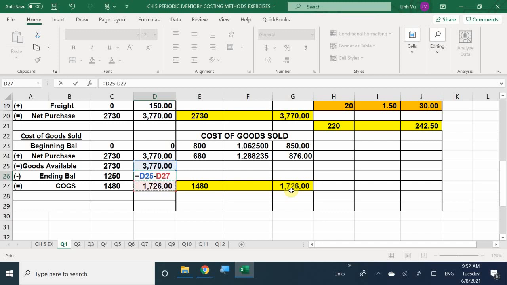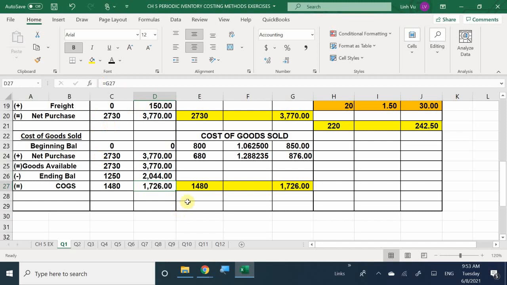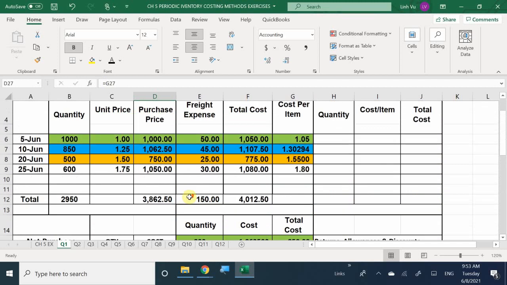Would you subtract the 1726 from the 3770? Correct. 2044. Right?